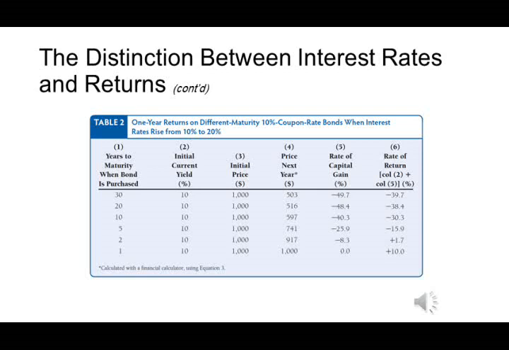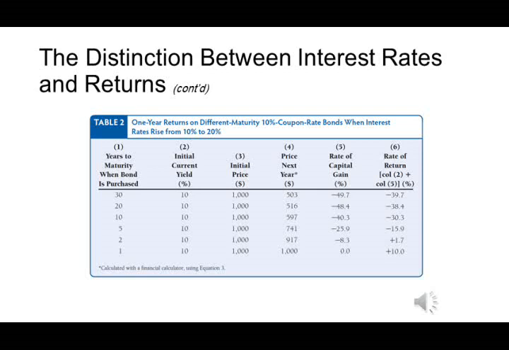Here we are going to know what is the rate of capital gain. The rate of capital gain is the difference between the price of the bond now and the initial price of the bond I have paid to purchase it, divided by the initial price.